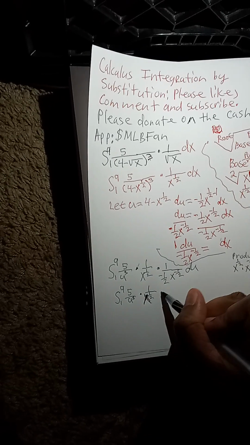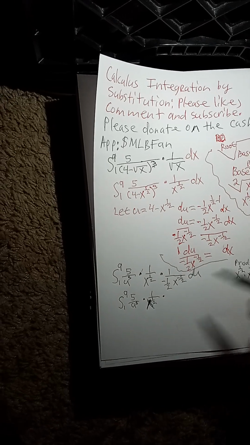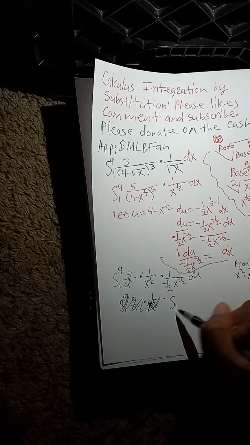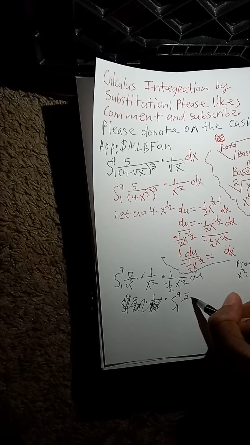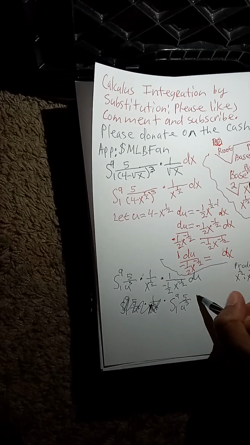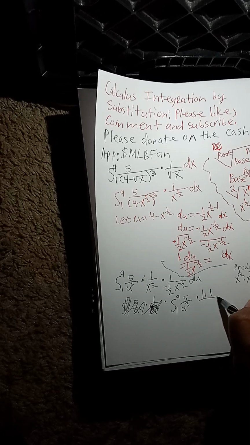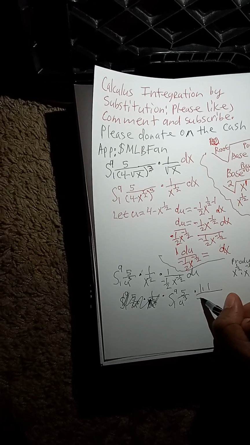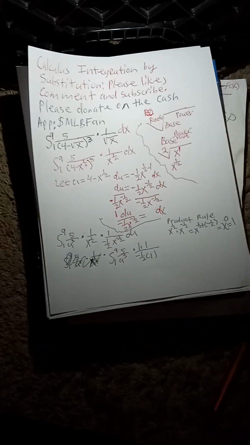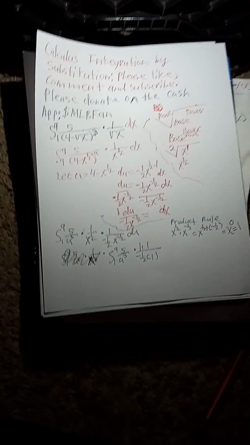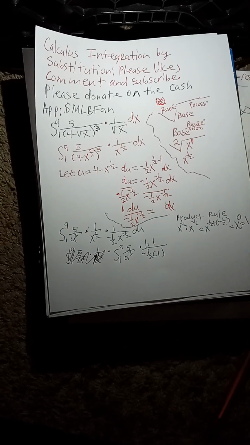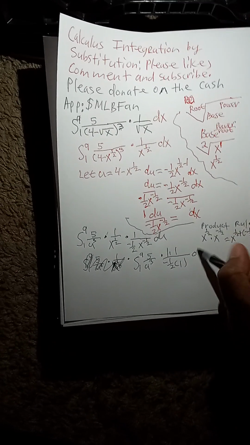Actually, since we canceled that out, this can be written as the integral from 1 to 9 of 5 over u to the 3rd times 1 times 1 over negative 1/2 times 1, because we utilized the product rule there, du.